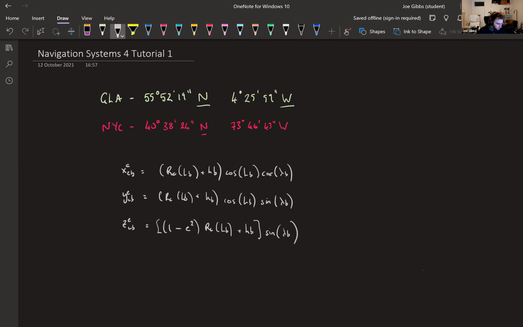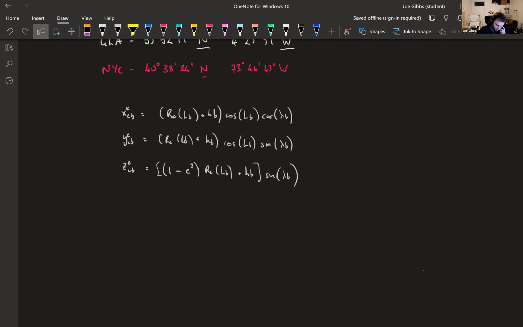Okay. So we have our equations here, and we're going to first check our coordinates for latitude and longitude. We know that they're in north and west, which is the desired format we want.